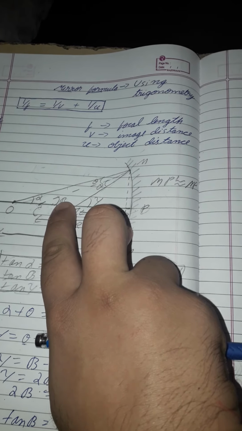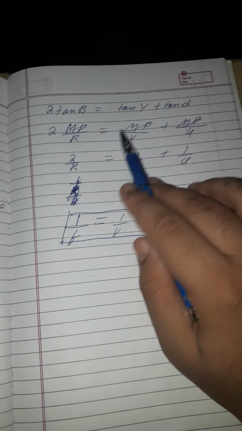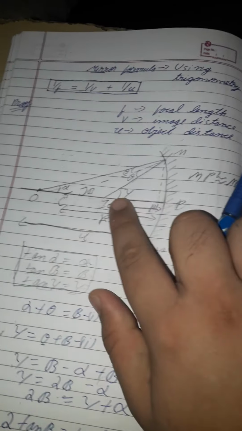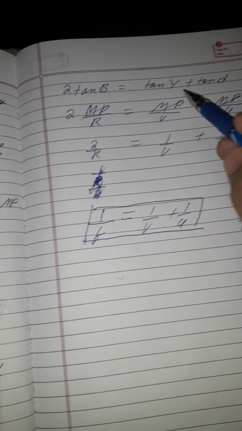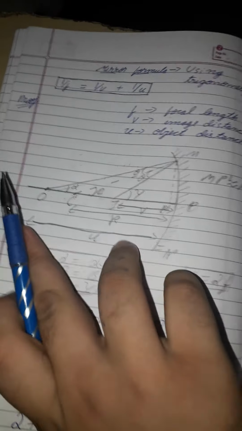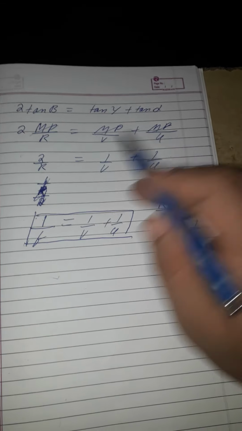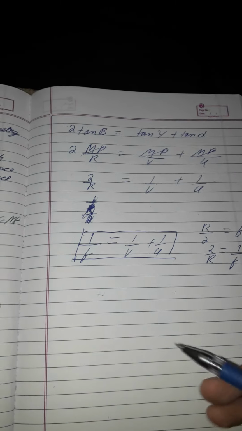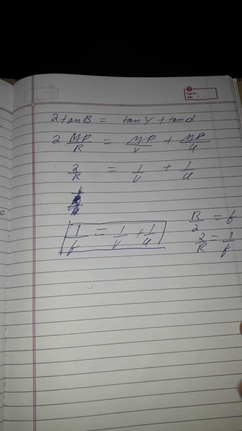Tan beta, this angle, it is making this angle here, so we have written like this. Same for tan gamma, this one upon this, that is MP upon v. Next, same for tan alpha, this one upon this whole, that is MP upon object distance. So we have written here like this, MP and MP got cancelled. We got 2 by r is equal to 1 by v plus 1 by u.